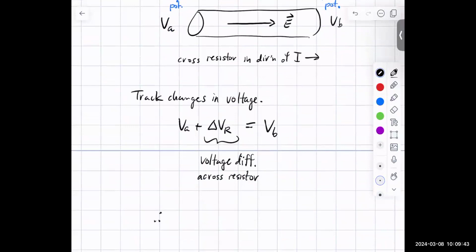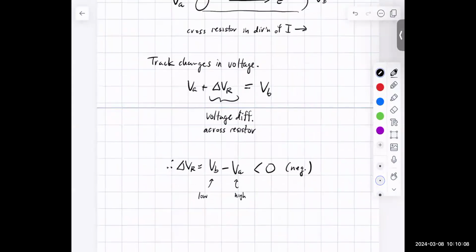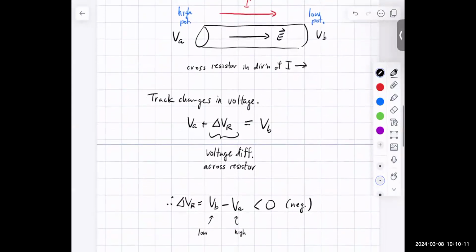So delta VR is going to be VB minus VA. But we said VB was the low potential side and VA was the high potential side, so we're subtracting a large number from a smaller number, and so this is less than 0, or negative. That's consistent with our rule of thumb. When we cross our resistor in the direction of the current, we lose some potential, so the voltage across the resistor is negative.